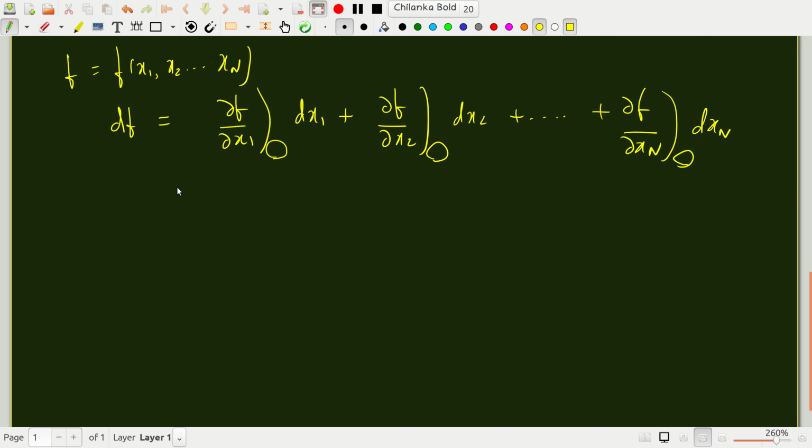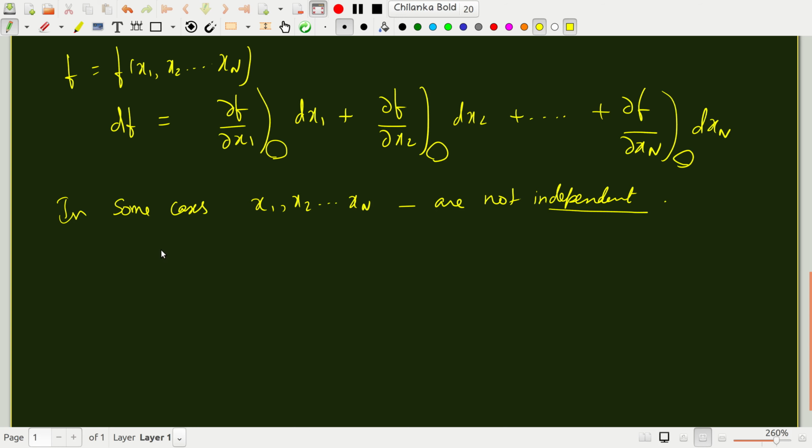Now in some cases it can happen that these variables x1, x2, and so on up to xn are not independent. That is, they are linked or related by some equation or a constraint. So there are additional equations.